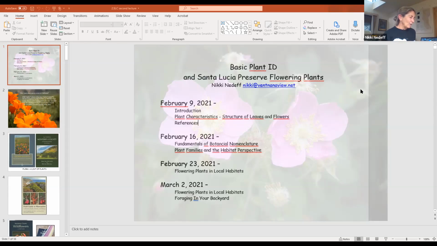So today, we're going to talk again a little bit about references and how some of those references are arranged, how plants are described in those references, the botanical nomenclature. And then we're going to speak about plant families, which is a good way to wrap your head around different groups of plants. And then finally, in preparation for next week, we're going to talk about looking at habitats and understanding how, once you know where you are and what kind of habitat you're in, you'll have 10 steps up on understanding what plants you might see.